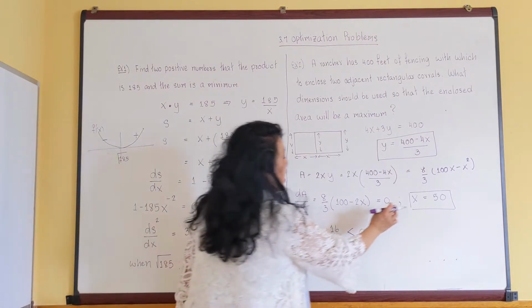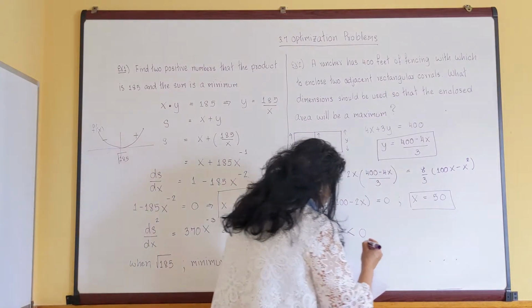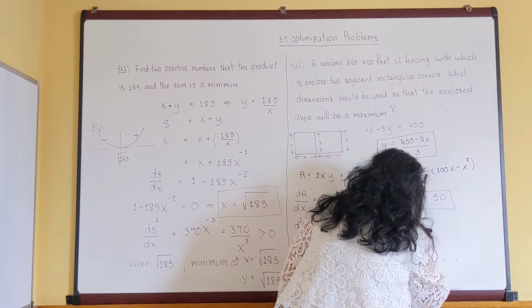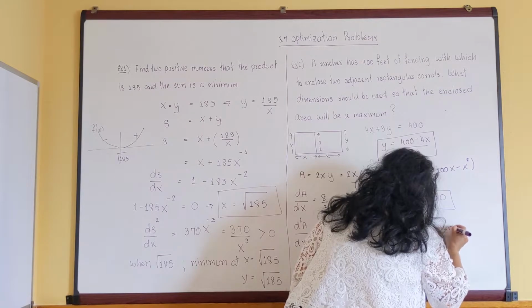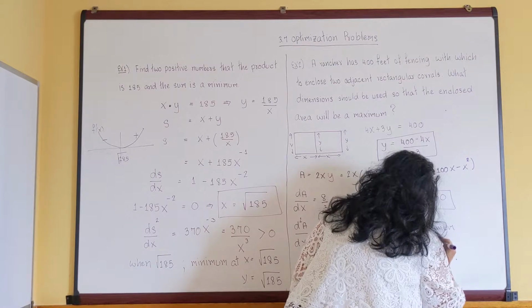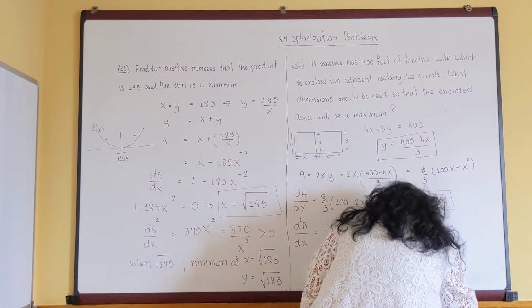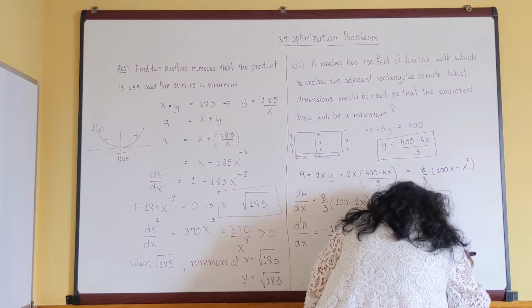Substitute the x in here, and you're going to get the y. So A is at maximum when x equals 50. Again, I substitute x in here. I got y equal to 66.67.